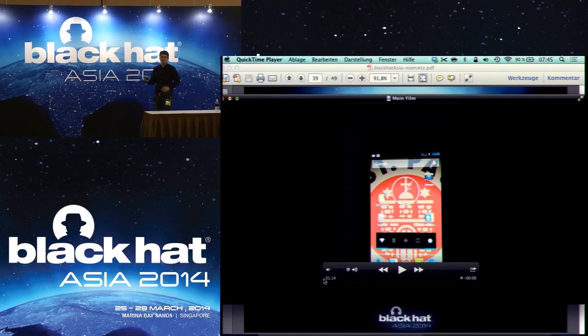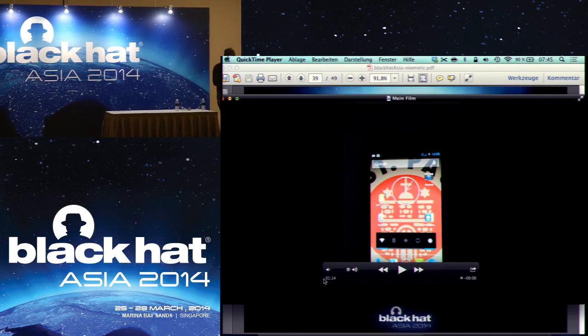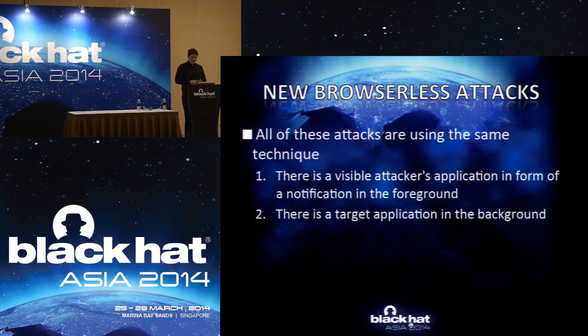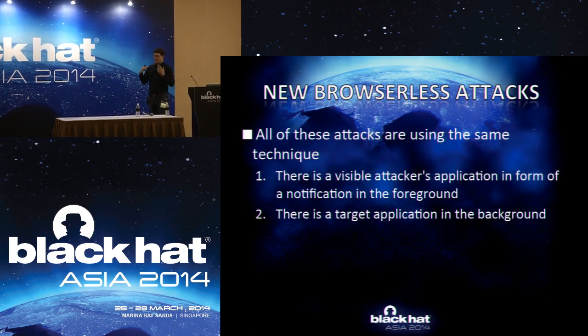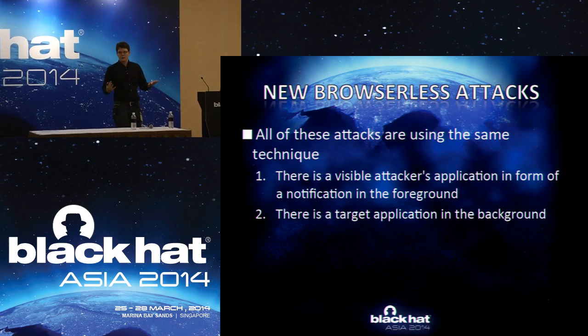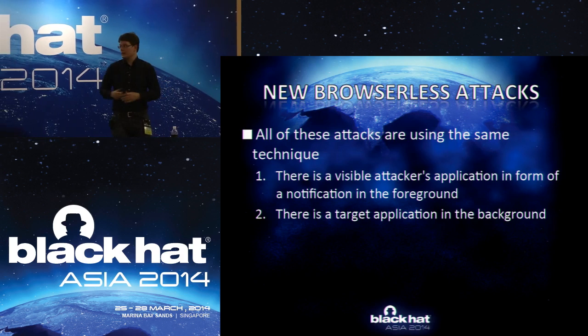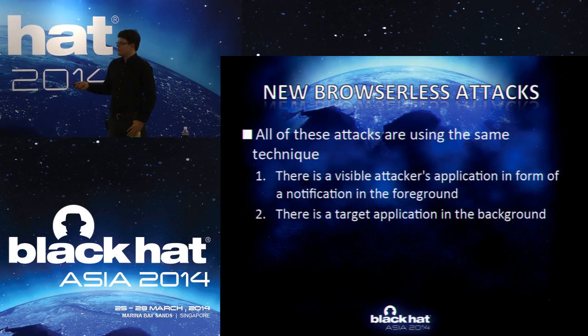Yeah, it has actually zero rights. So what we have learned is that we can use notification messages combined with social engineering to trick the user and to do a lot of things like phone calls, like installing applications, which was actually fixed by Google, but it's still possible as we can see it.